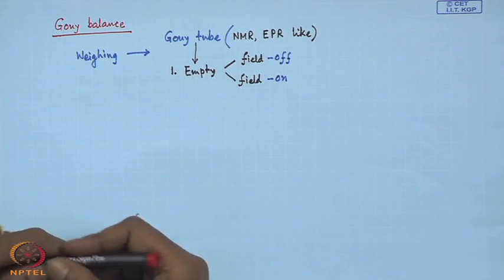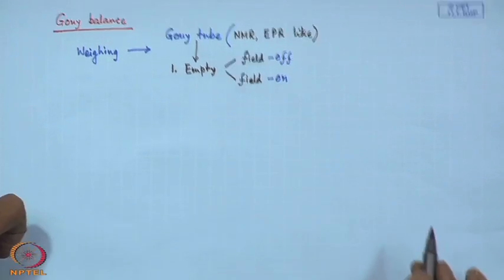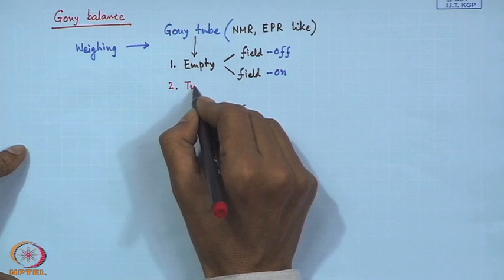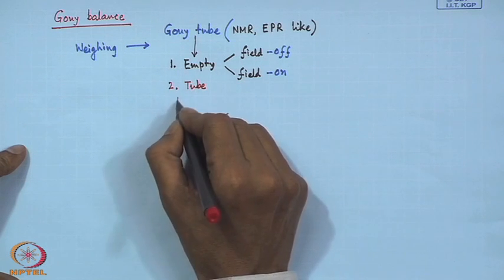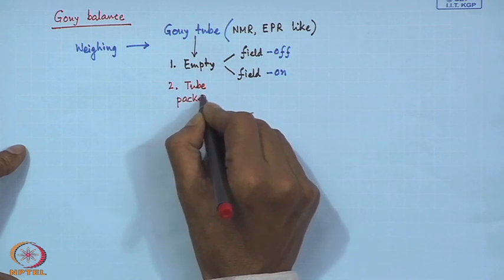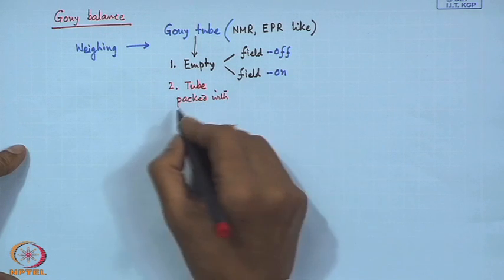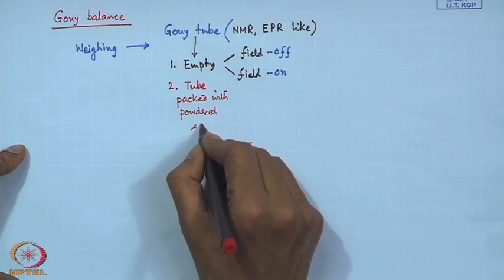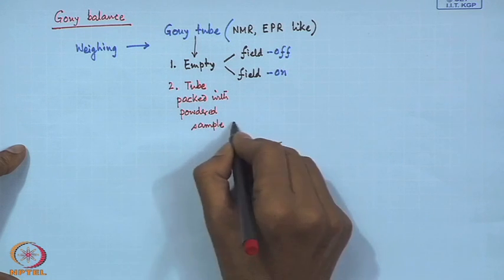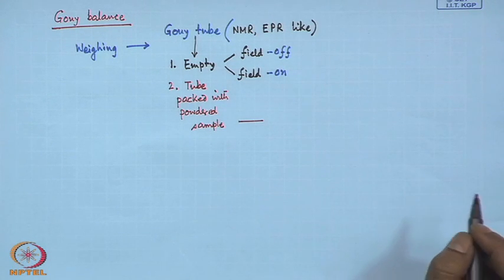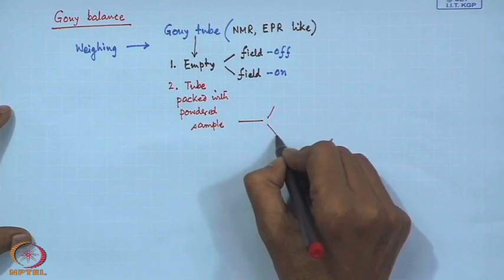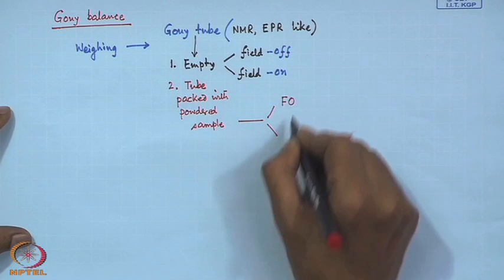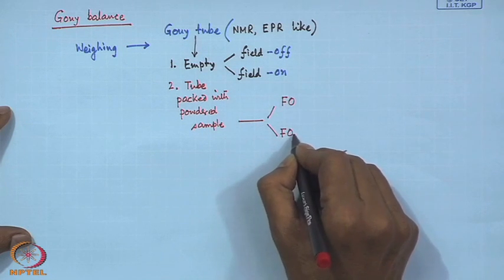Then in the second step, the tube will be packed with powdered sample. The powdered sample of the compound is packed, and then again we take these two, that means the field off situation and the field on situation.